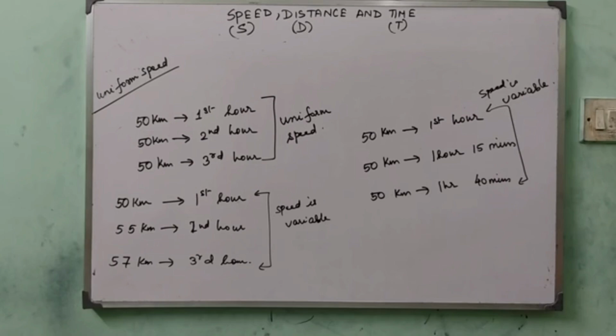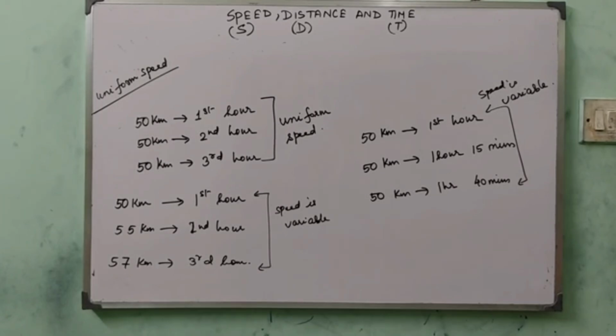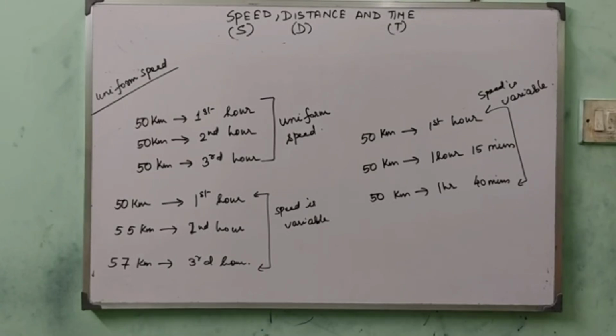So in the first case, what did we see? That the body is covering 50 kilometers in every hour. So equal distances are covered in equal intervals of time, and its speed is said to be uniform. But in the other two cases the speed is variable.